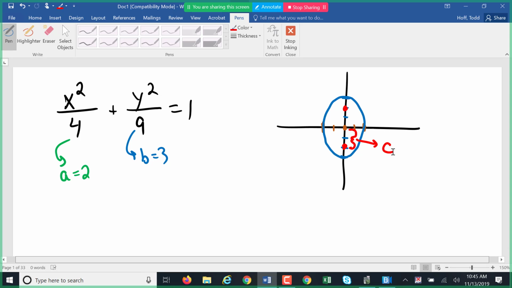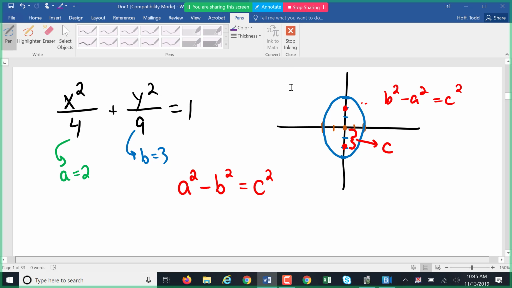In an ellipse, we have what's called a Pythagorean relationship between A, B, and C. In an ellipse, it is A squared minus B squared equals C squared, depending on which is longer, A or B. Now what I have up here would be B squared minus A squared equals C squared.